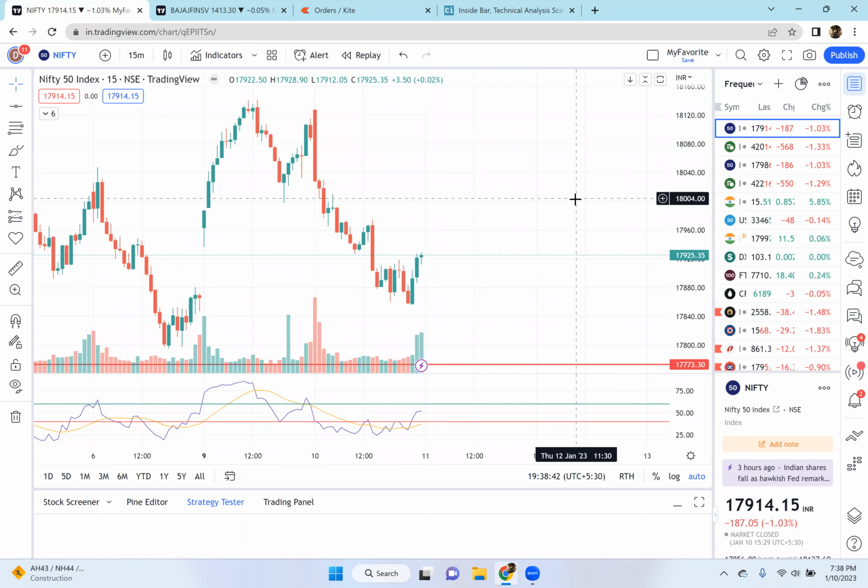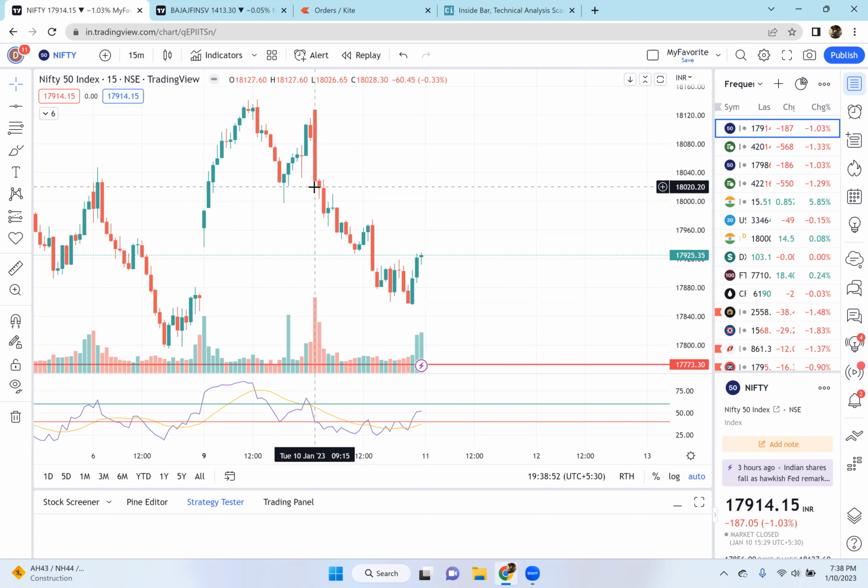Now, the setup is very simple. Okay. The open should be either high or open should be low. You look at the first 15-minute candle. So let's look at the first 15-minute candle of Nifty today. We opened at 9:15. You look at the top where high and the open is written.